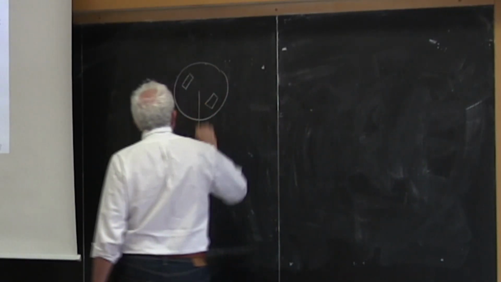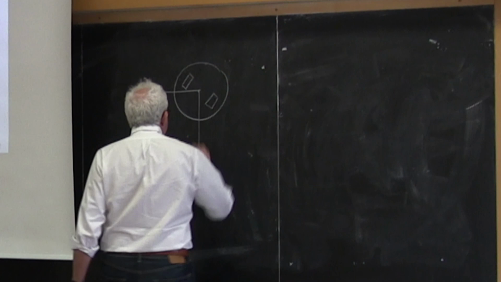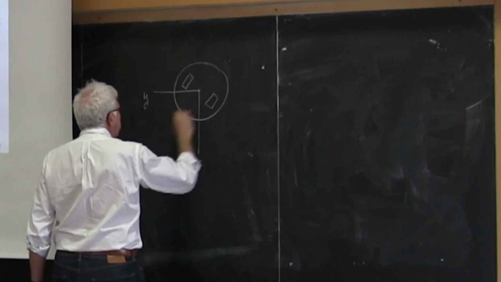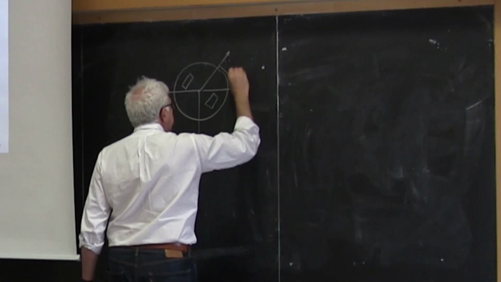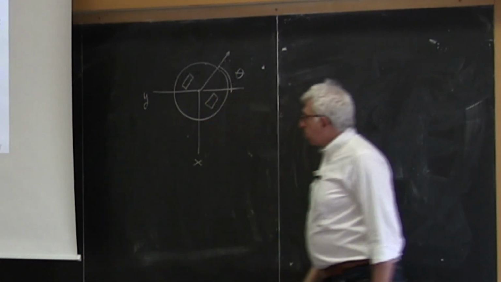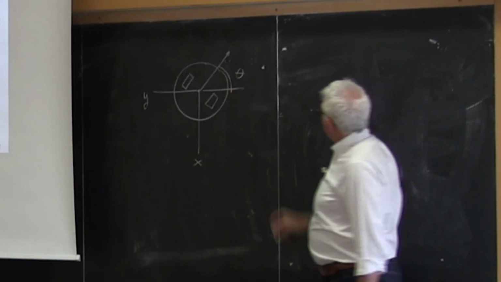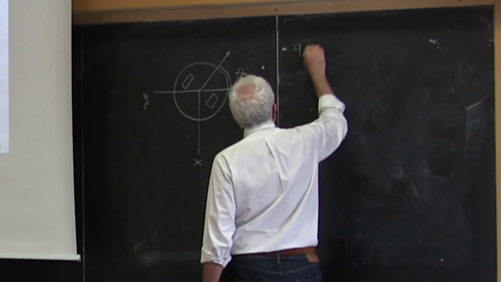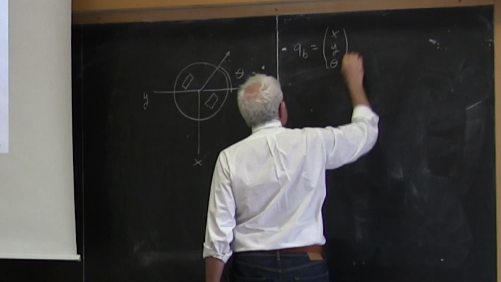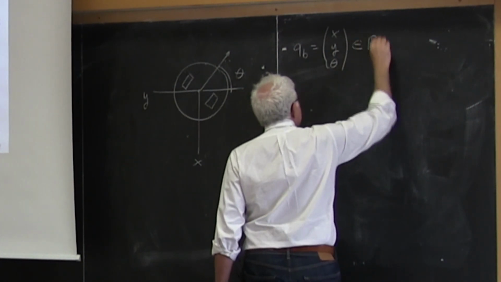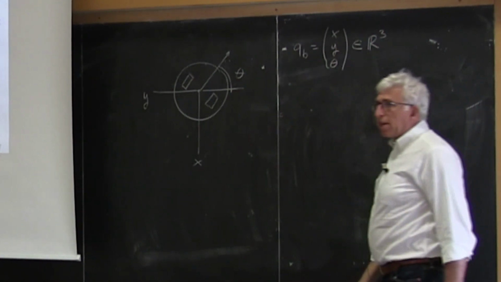So we characterize the coordinates with its center position x, y, with some preferred direction theta with respect to the x-axis. So we have that qb will be x, y, and theta. So this locally at least lives in R3.